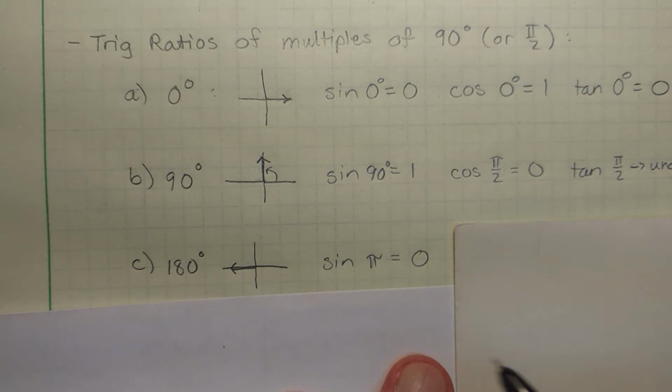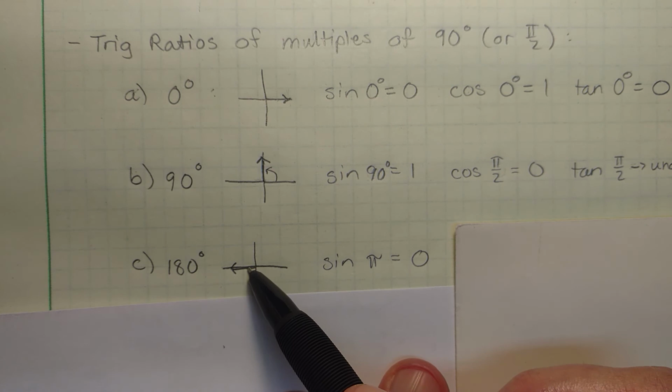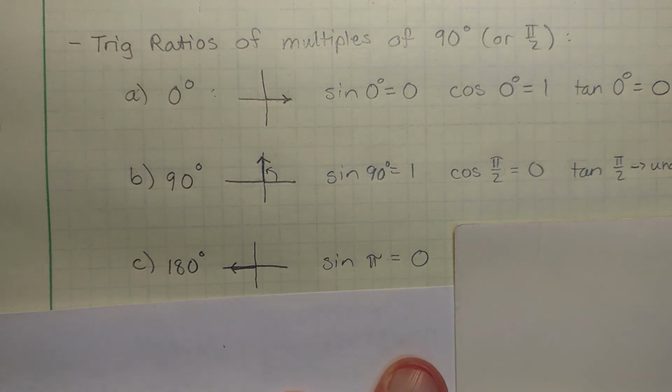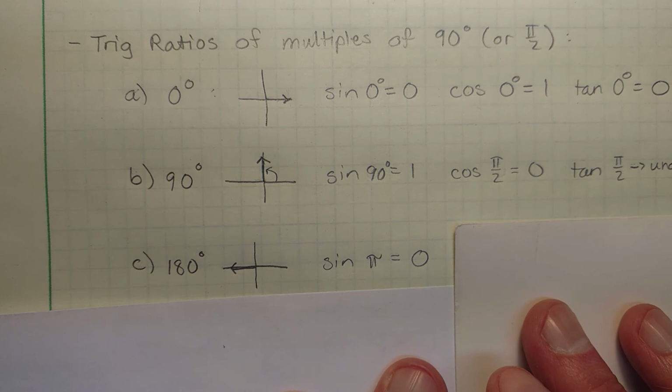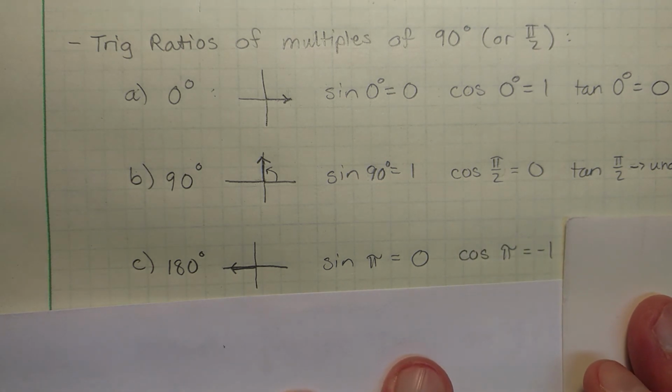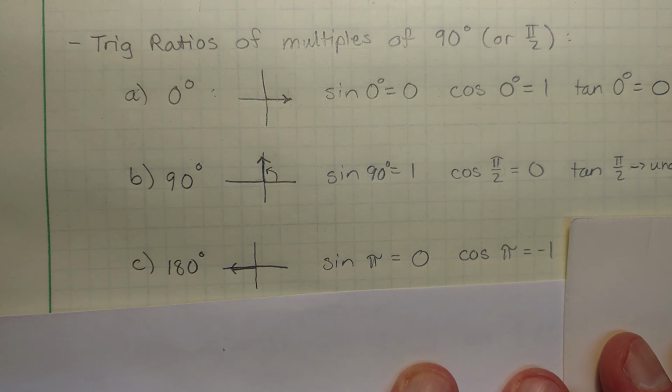The cosine, notice it's the same distance, but the hypotenuse is positive and the x-coordinate here is negative. So I've got two values that are the same, except that one's positive and one's negative. So when I take two things, like for instance, negative 2 over 2, or negative 1 over 1, or negative 3 over 3, I get negative 1. So that's my cosine of pi.